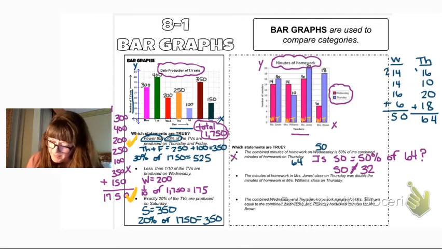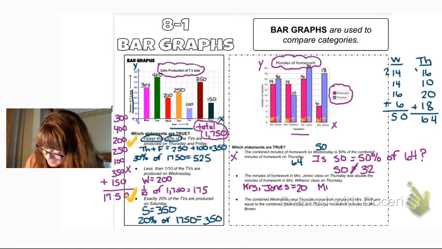Okay, the next one. The minutes of homework in Miss Jones' class on Thursday was double the minutes of homework in Miss Williams' class on Thursday. So we're going to get Miss Jones on Thursday. And on Thursday, Miss Jones, that's the purple bar, Miss Jones was at 20.